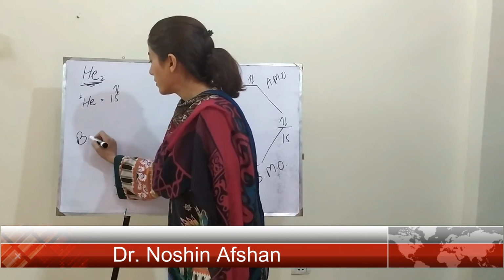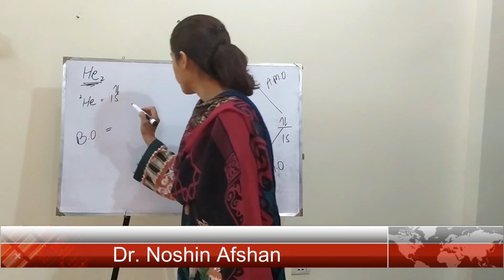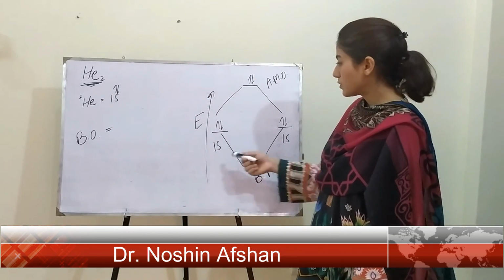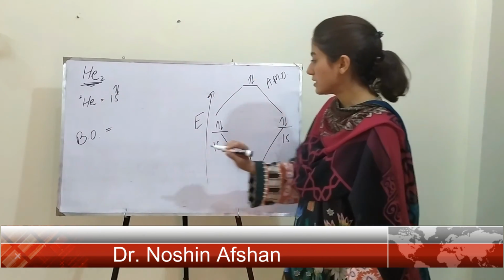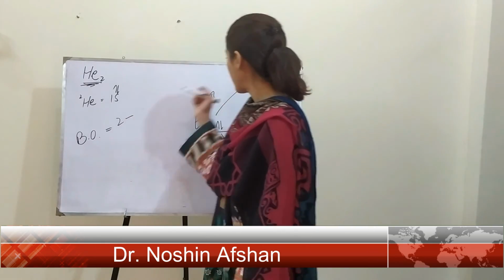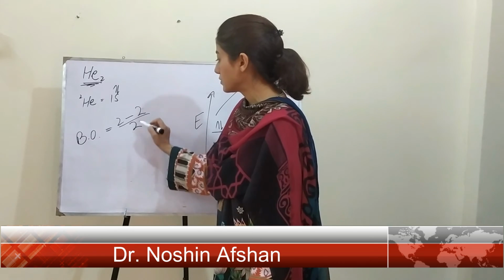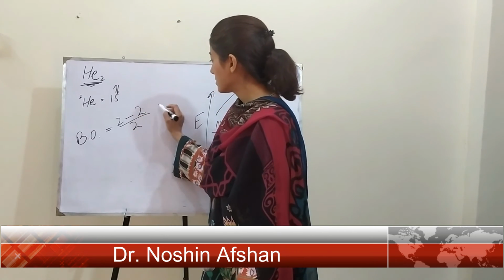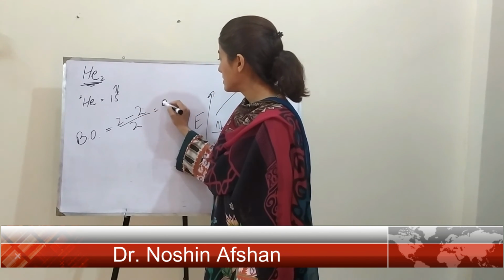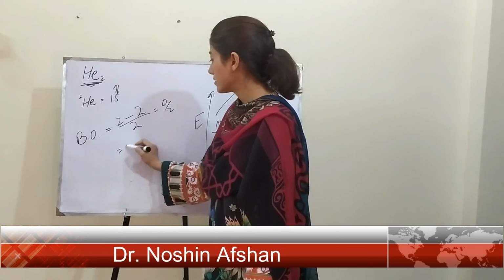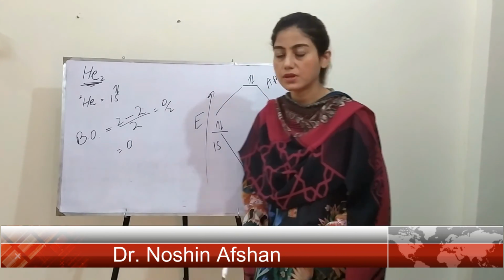And then their bond order would be, here the number of electrons in bonding molecular orbital are 2 minus in antibonding molecular orbital this is also 2 divided by 2. So this is 0 over 2, it's also 0.